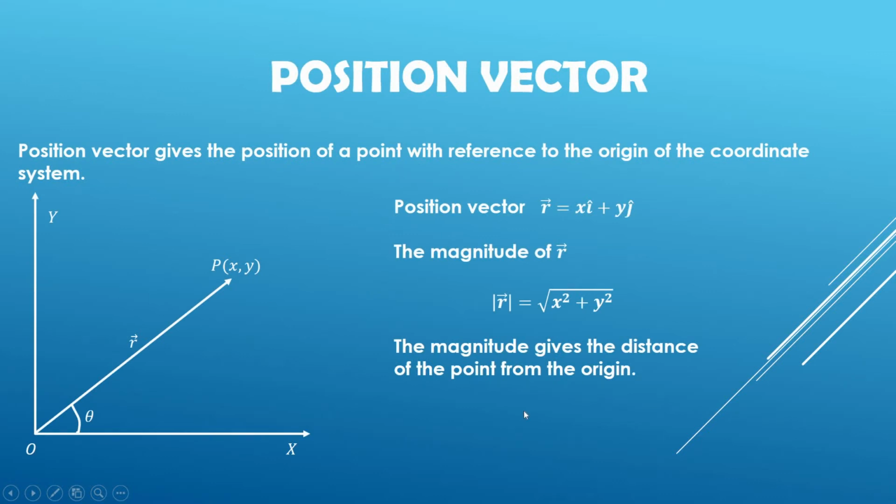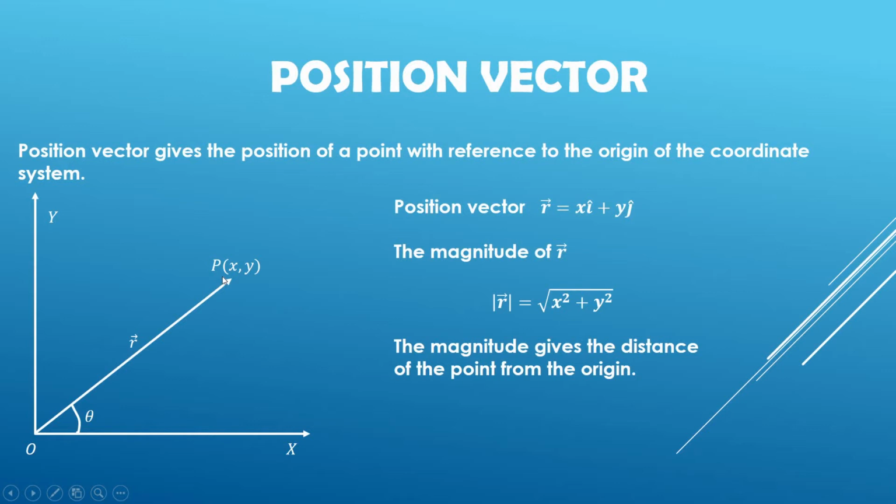Now I will tell you about two very important types of vectors, the position vector and the displacement vector. This is the position vector. The position vector gives the position of a point with reference to the origin of the coordinate system. x and y is my coordinate system, and O is the origin of this coordinate system.